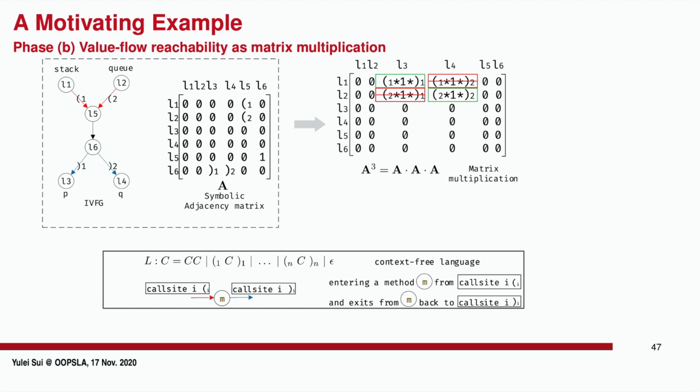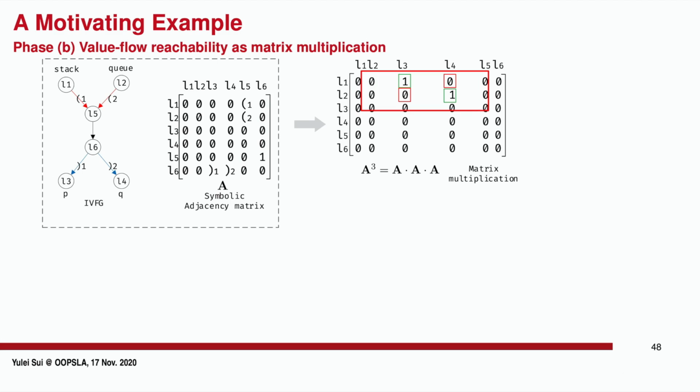The feasibility of a path is determined by the context-free language defined here. By applying CFL reachability analysis, we can filter out unrealizable interprocedural paths by matching calls and returns. The resolved realizable and unrealizable symbolic paths are set to 1 and 0 respectively to produce the final binary matrix.